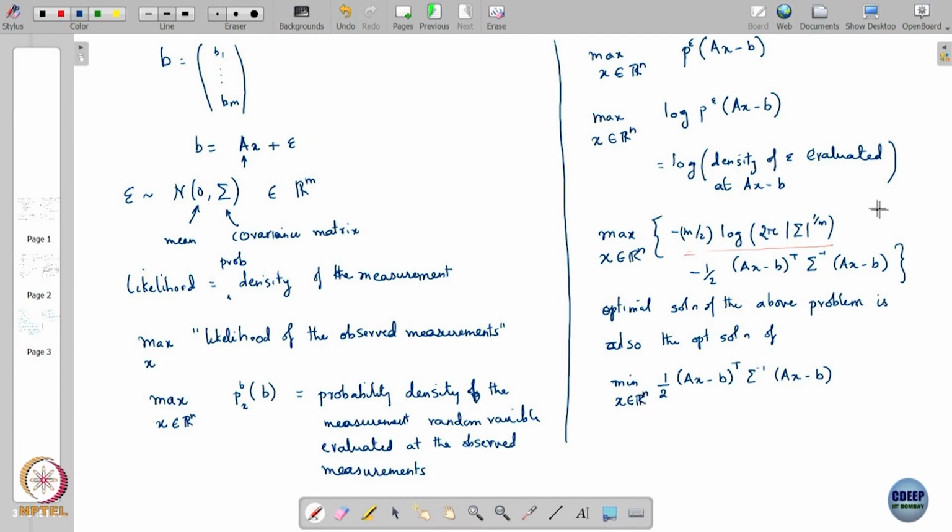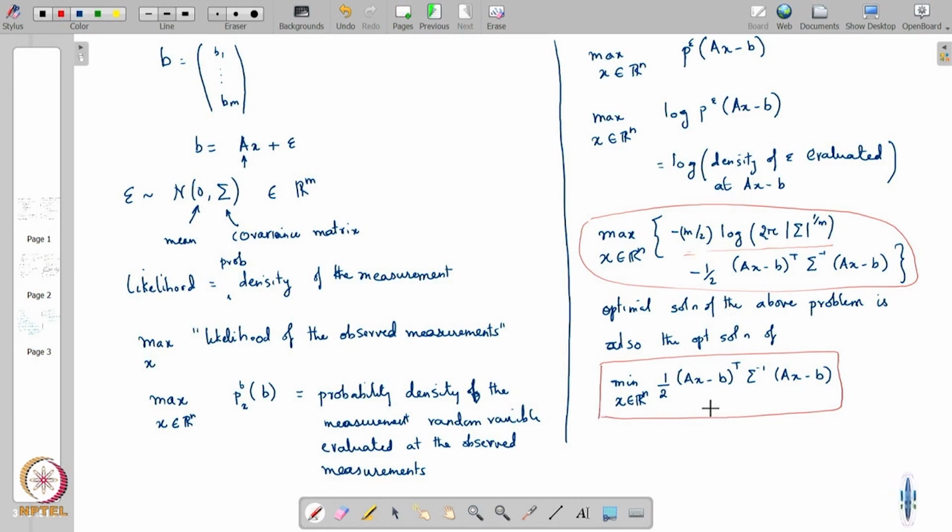So, the x star that maximizes the first optimization problem is the same x star that solves this problem. The optimal value will differ because we have dropped additive constants that were in the objective function, so they need to be adjusted for, but the x star is the same.